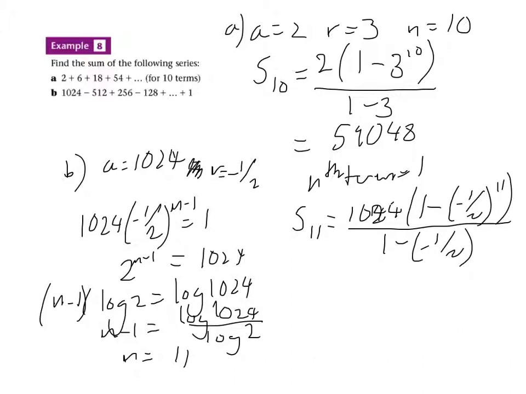Again, just number crunching on your calculator. 1024 brackets 1 minus brackets fraction negative 1 over 2, close brackets raised to the power of 11, big close brackets all over 1, take away, and in brackets negative 1 over 2. So be really careful and make sure you type it in correctly into your calculator. Okay, we get the value 683. So the sum of the first 11 terms is 683.